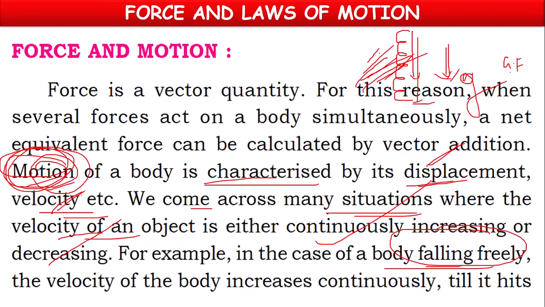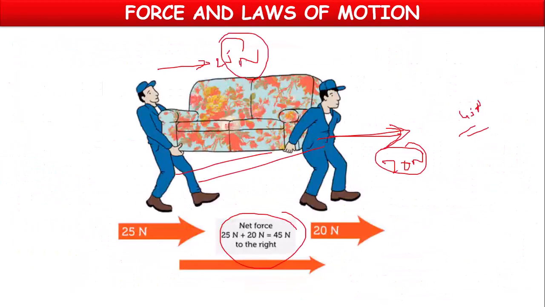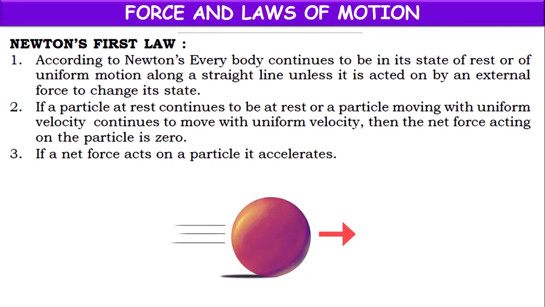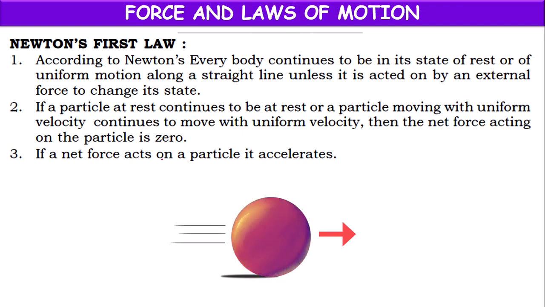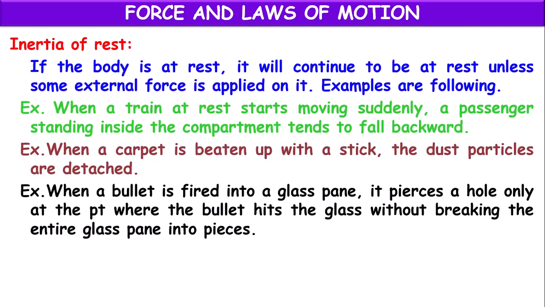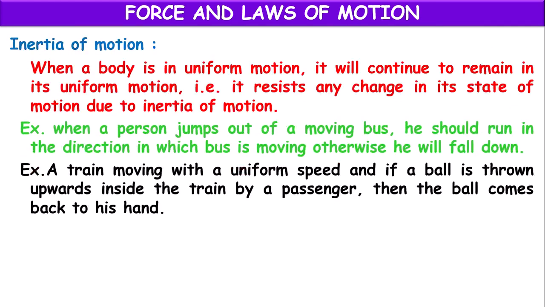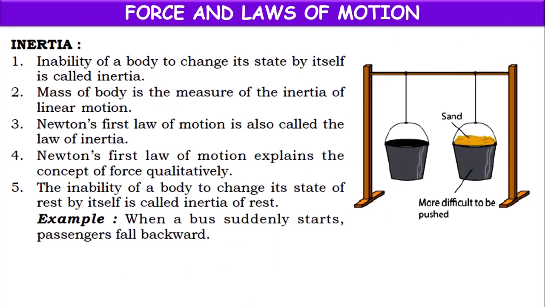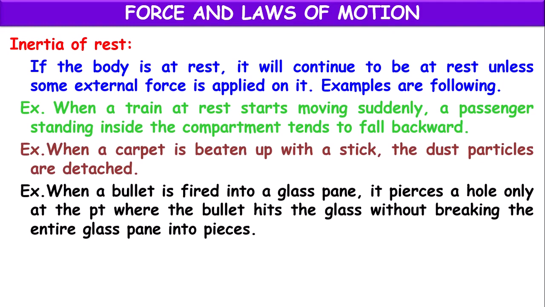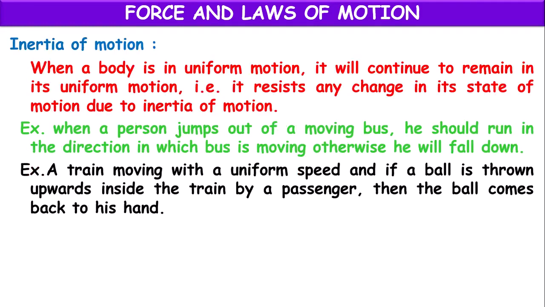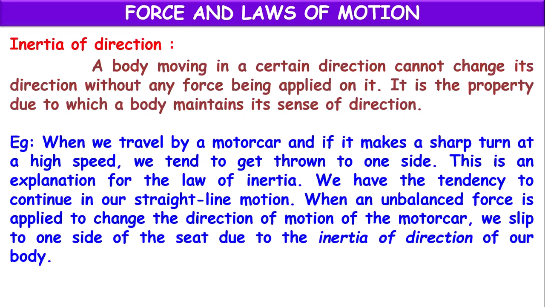Based on this force and motion, we have some laws proposed by Newton. They are called Newton's laws of motion. First we have Newton's first law, which is mainly based on inertia, and we have types of inertia: inertia of rest, inertia of motion, inertia of direction.